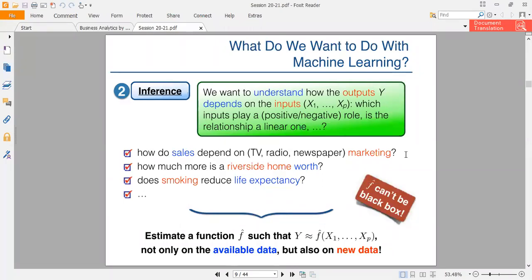So let's say you have built a model that predicts sales. Now inference could be कि जो भी आपने independent variables use किए हैं वो कितना इफेक्ट करते हैं आपके डिपेंडेंट वेरिएबल को. So for example, if you have built a prediction model for sales, one point of inference could be कि आपकी marketing जो है वो कितना affect करती है sales को, right?